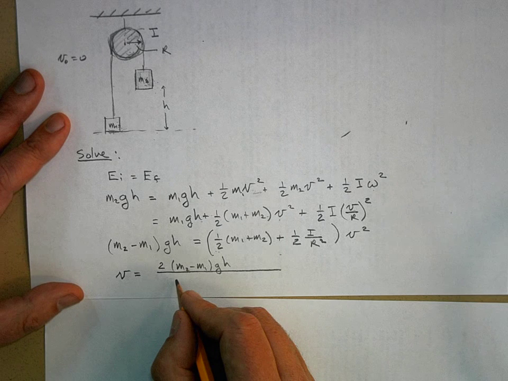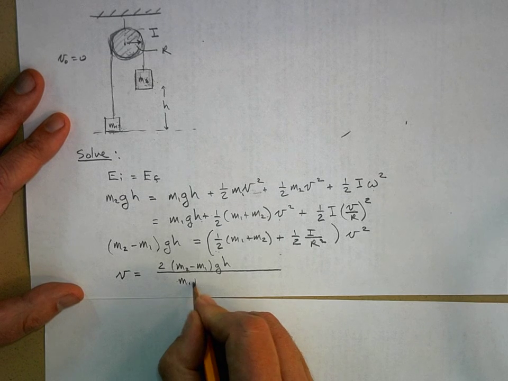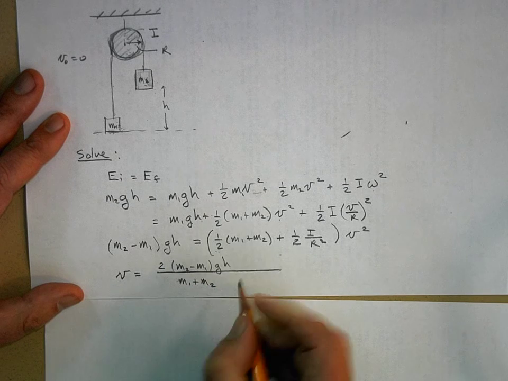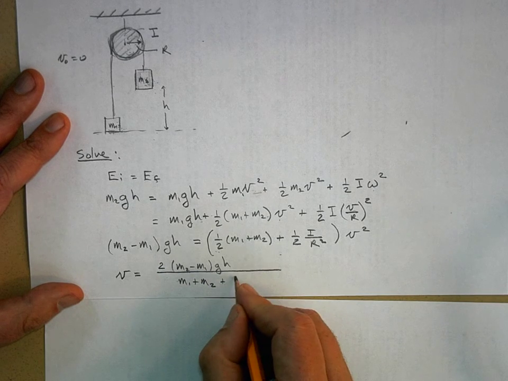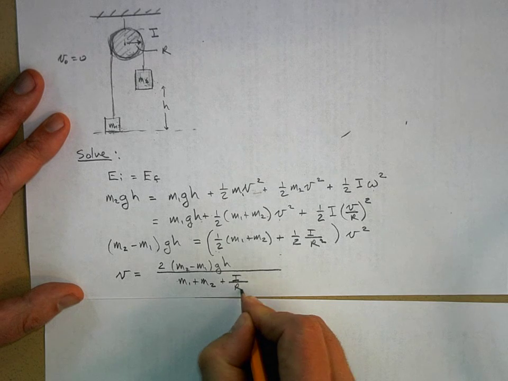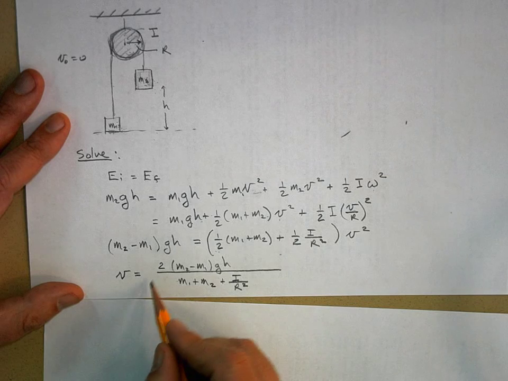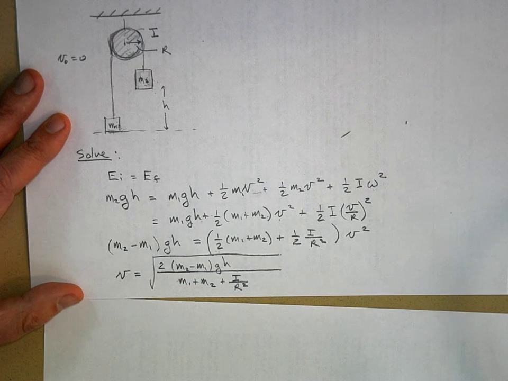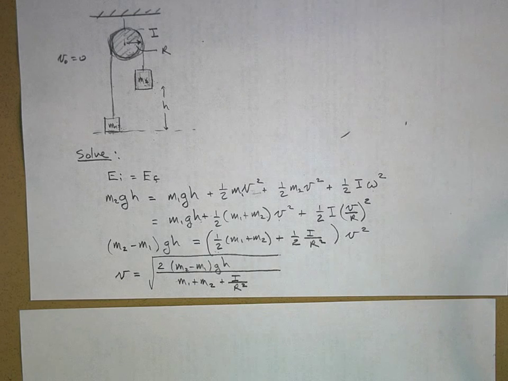And then I would have (m1 plus m2) plus I over r squared, and then we're taking the square root of all of that. Now I can't see any other way to reduce this down, so this should be my answer, or something close to it.